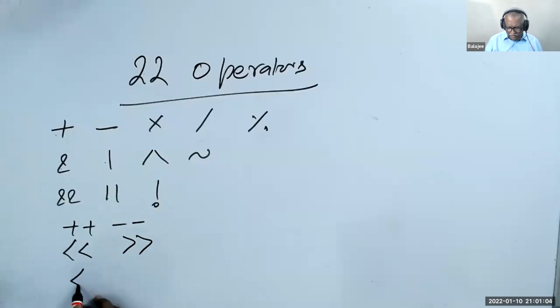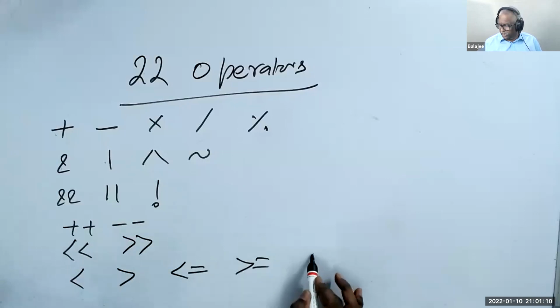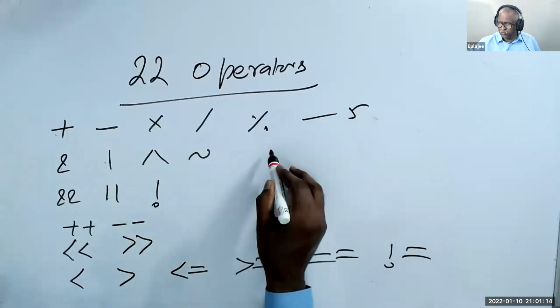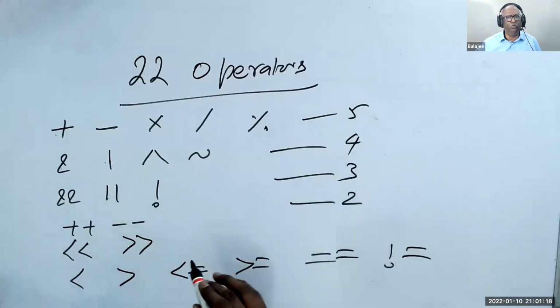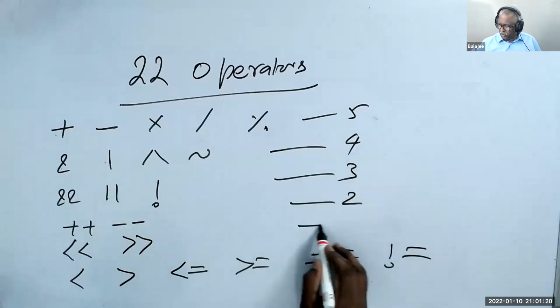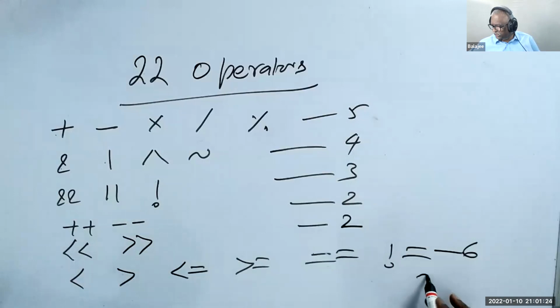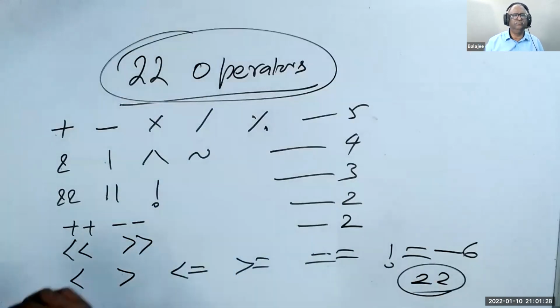Then less than, greater than, less than or equal to, greater than or equal to, not equal to. 5 plus 4 is 9, plus 3 is 12, plus 2 is 14, plus 2 is 16, plus 6 is 22. That's the total in C. Nothing more than that.